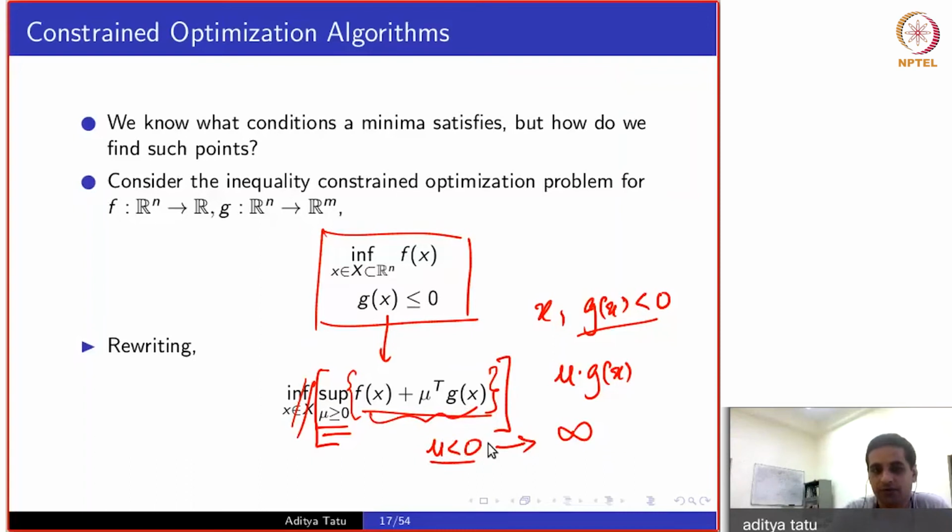What happens if mu is greater than or equal to 0? If mu is 0, it would be f(x). But what is the maximum that you can get of this function? The problem I'm asking you is to maximize, or obtain the supremum of this.